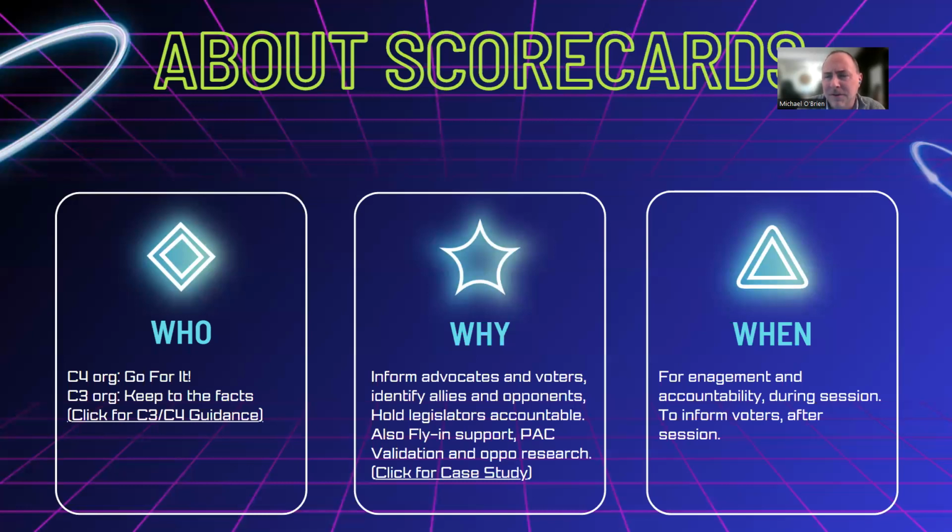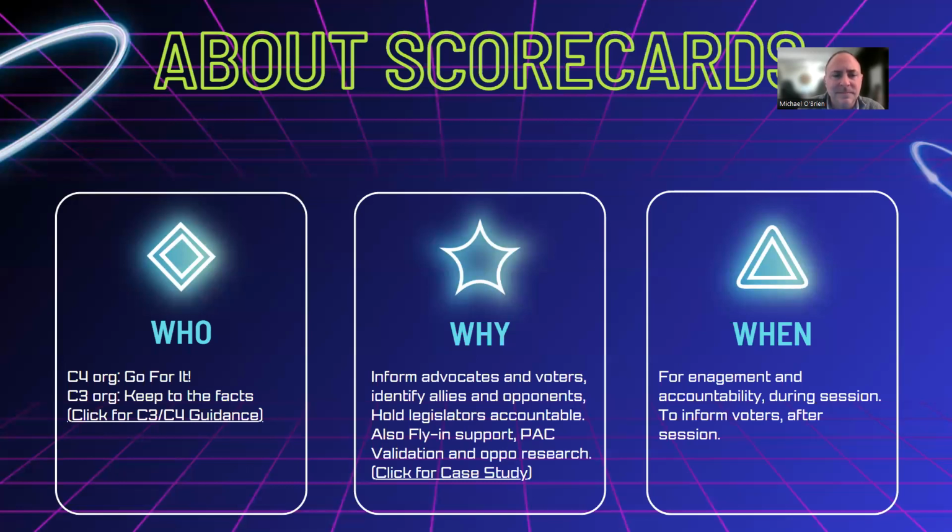If you're a C3, you always want to talk about the issues, and not vote for or vote against this person because of that. Exactly. Present it as information, and here's how they voted. Done. Right? Yeah. Okay.